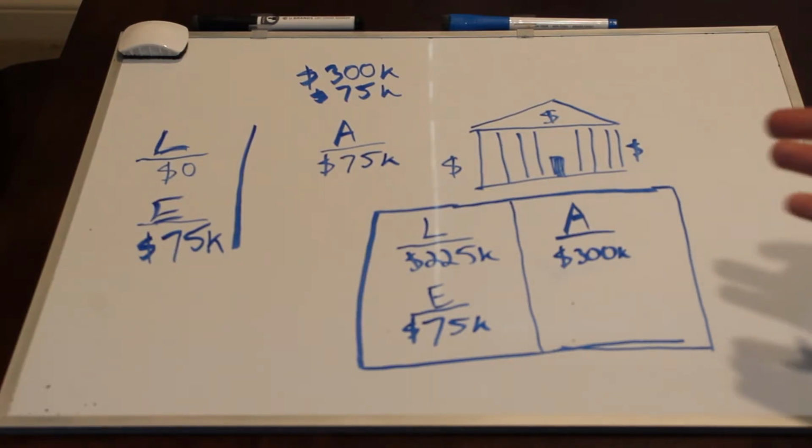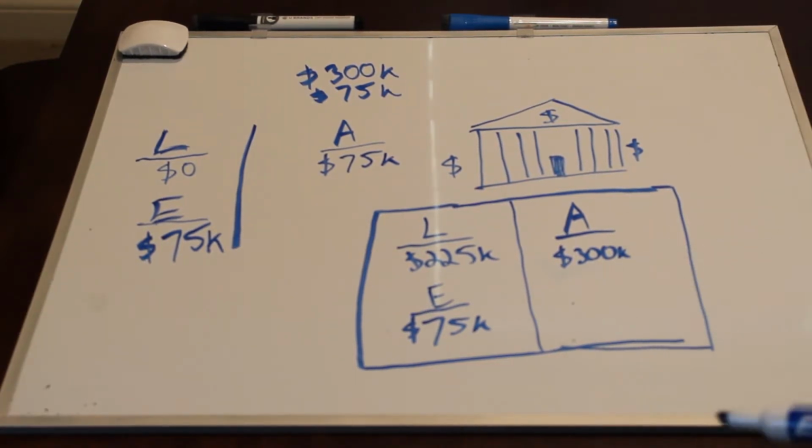Now you can tell people that you have $300,000 in cash. Hey, you're a 300,000-aire, or whatever you want to call it. Some people will actually do this to impress people, but what they're not considering is their liabilities. So your equity is what matters.